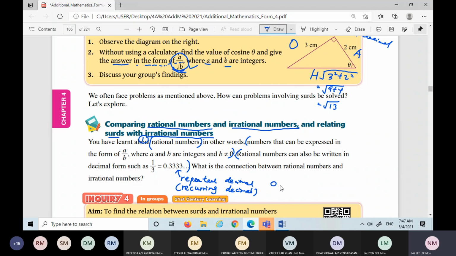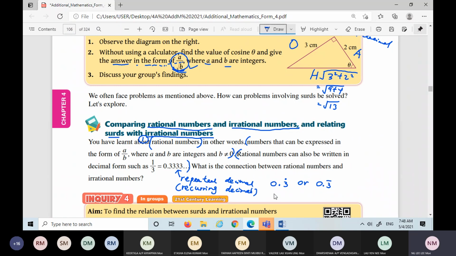I can write it as 0.3 with a dot on top of the 3. This means I'm going to repeat the 3 infinitely. Or the other way of writing is 0.3 with a bar on top of the 3.